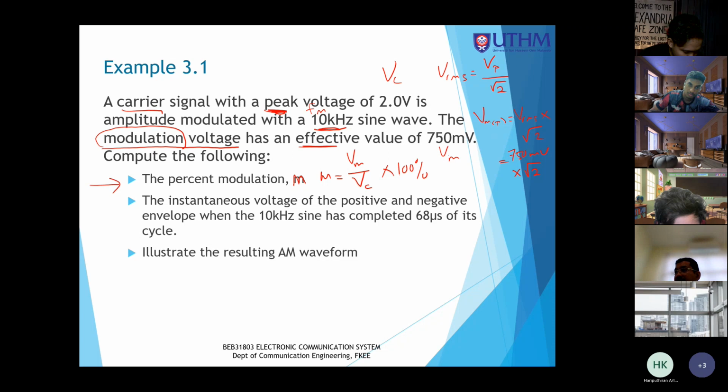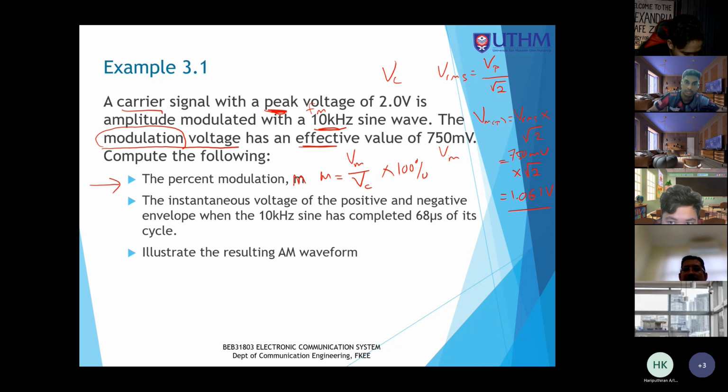So mari kita sama-sama kira. Okay. So 750 milli darabkan dengan square root of 2. Saya akan dapat sama dengan 1.06 volt, 1.061 volt. Okay, so this is the peak value.